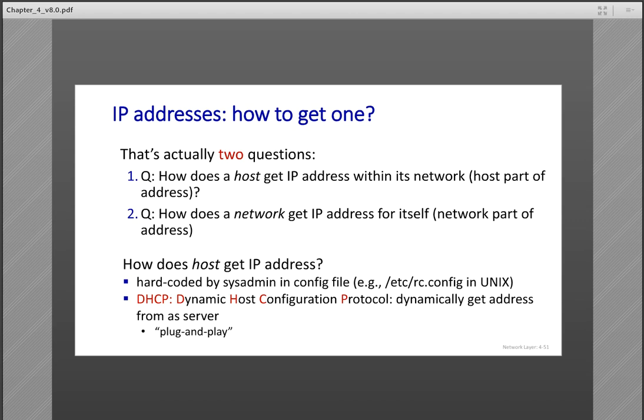So actually I have two questions. The first one, how does a host get IP addresses within its network?